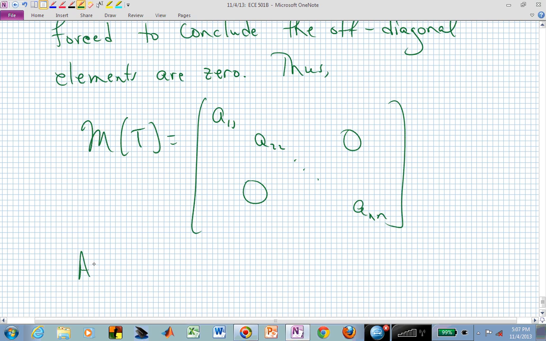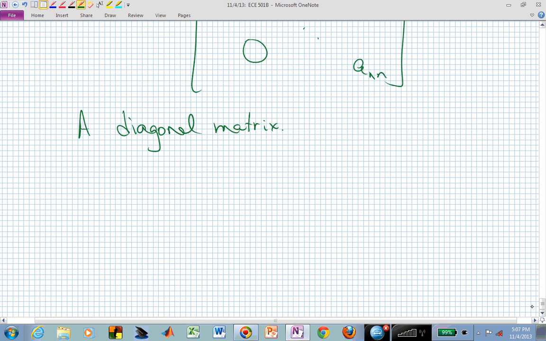And so the matrix representation of that linear map T is a diagonal matrix, which now says that the eigenvectors of T do form an orthonormal set of vectors.